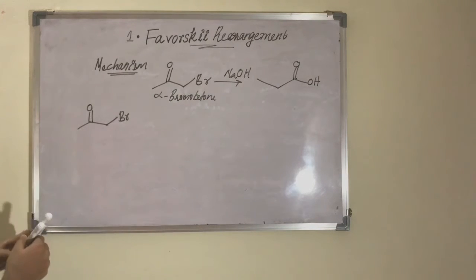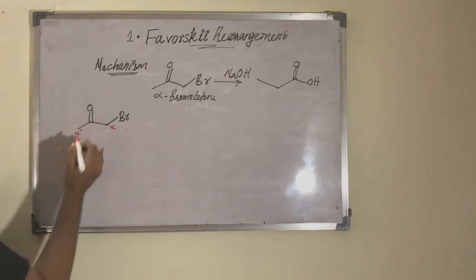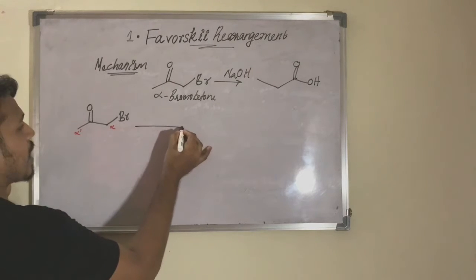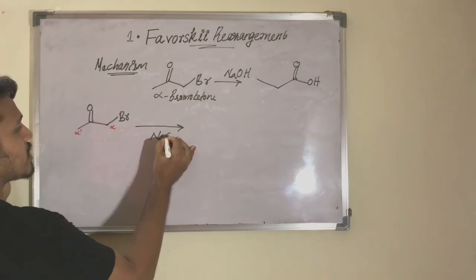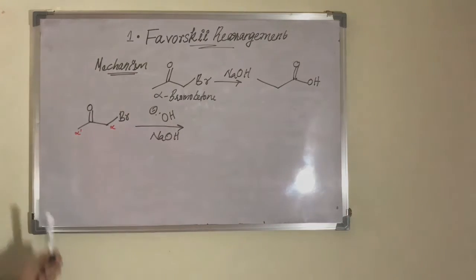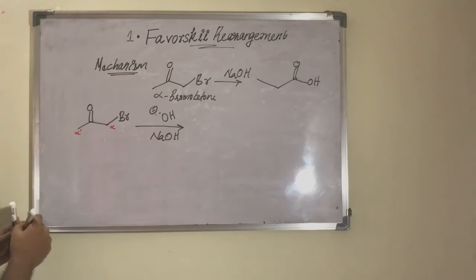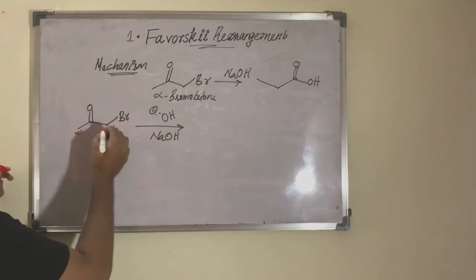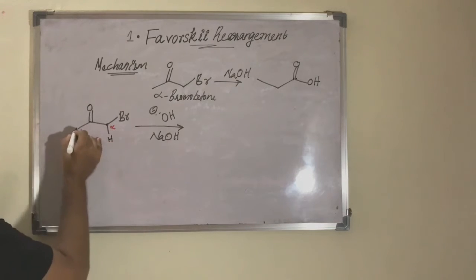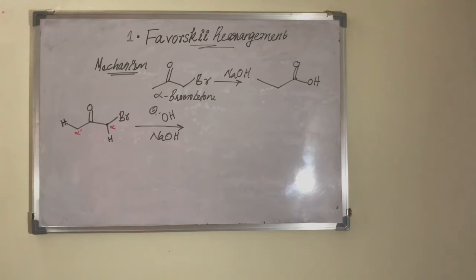This is called the alpha portion, and this is another alpha dash portion. Now you are treating this with NaOH. NaOH furnishes OH minus ion, a well-known base. In this reaction you have two alpha portions. Here you can see an alpha hydrogen, and here you can see 3 alpha hydrogens. I am representing only 1 hydrogen.